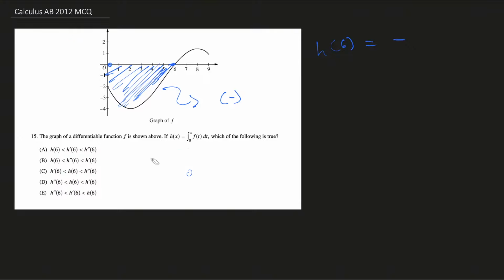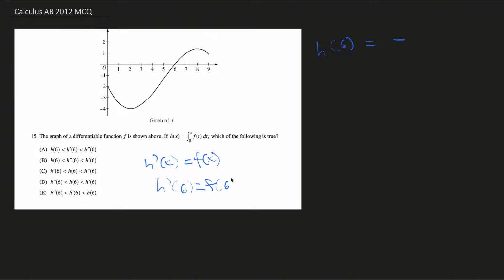Now, if we take h prime of x, according to the fundamental theorem of calculus, if I take the derivative of the integral, I just get f of x here. So if I plug in h prime of 6, that should be equal to f of 6, which is equal to 0. So h prime of 6 is equal to 0.